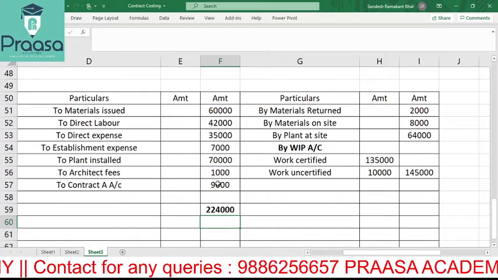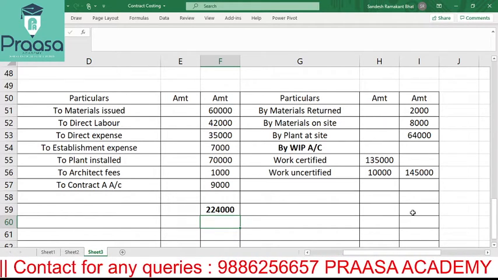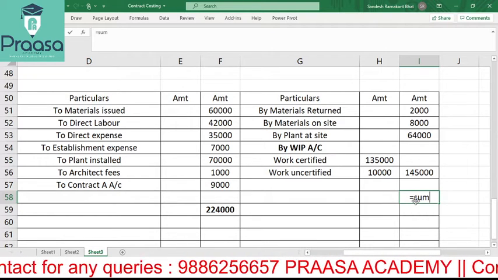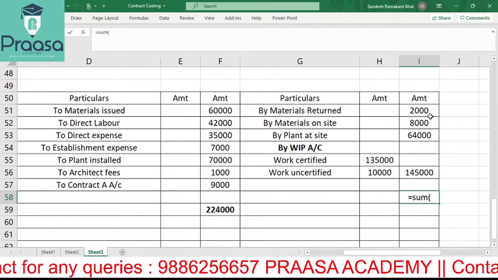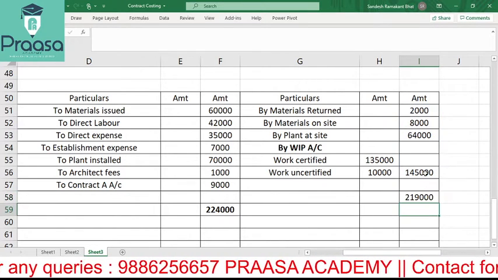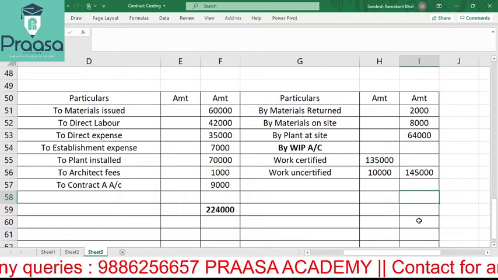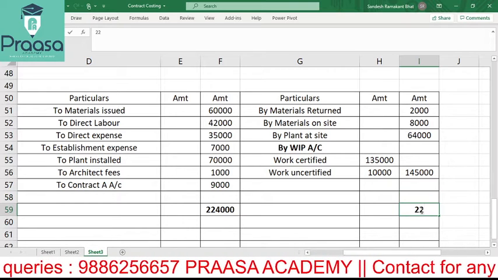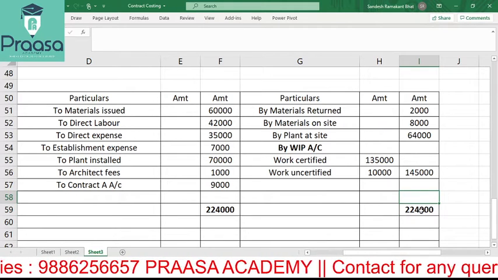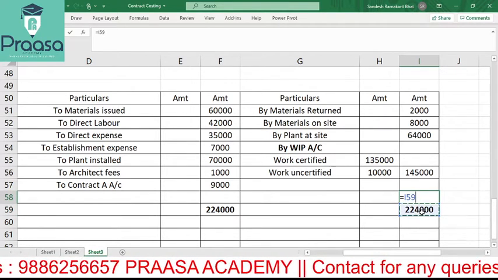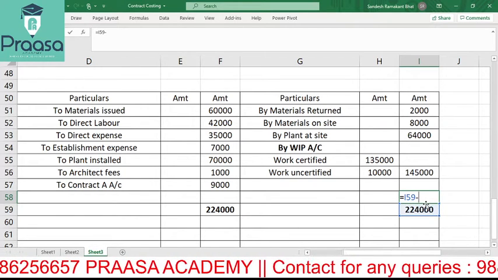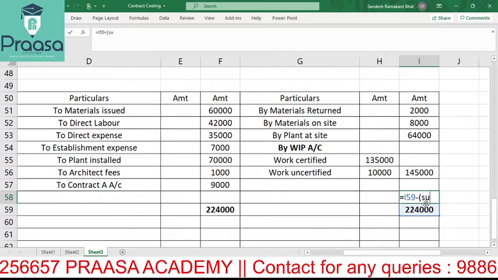It is 2,24,000. Let me check how much is here, so that it will be easy for me to differentiate. No, it is 2,19,000. So we are incurring a loss here. 2,24,000 minus, open the bracket.